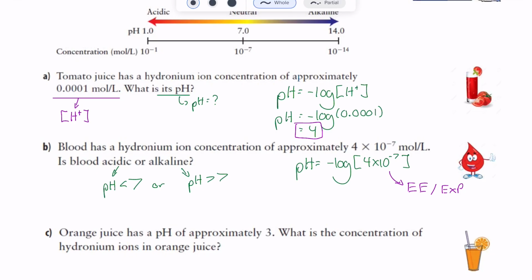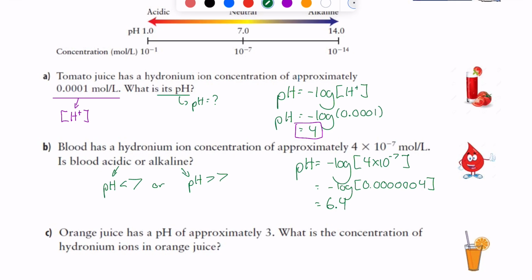If you don't have either one of those buttons, all this is telling you is, take 4 and divide it by 10 with 7 zeros. So you're essentially shifting this number down 7 places, 1, 2, 3, 4, 5, 6, 7, okay? And if we evaluate that, that is going to give us a pH of 6.4.